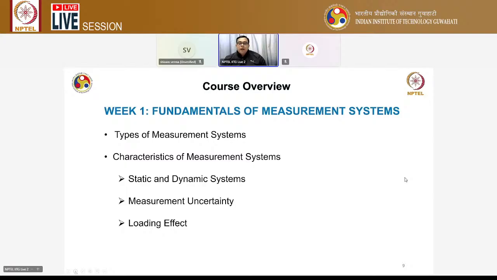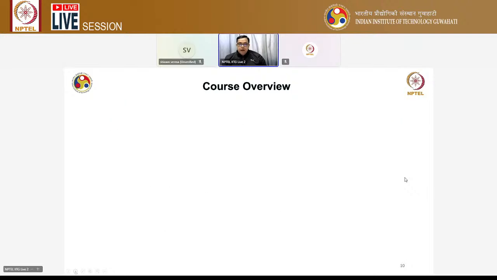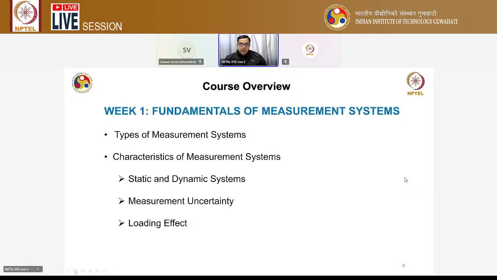I have divided this course over 5 different modules, and the first module, or first week, of this course deals with the fundamentals of measurement systems.